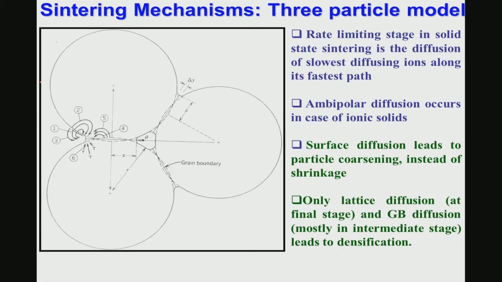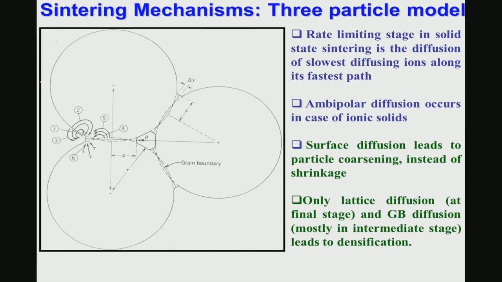In all the theoretical descriptions of the mechanism, I must mention that all the particles are considered spherical, because with spherical particles the geometry is very regular, and one can also derive certain equations. Second, in the 3 particle, 4 particle or 2 particle models, the size of the individual powder particles is considered identical, or equal. So, all 3 particles have the identical particle size.